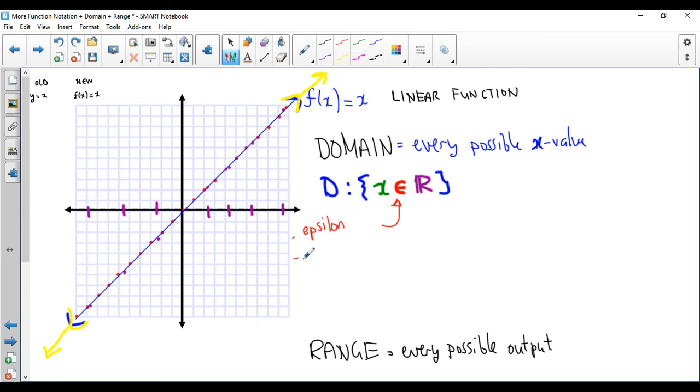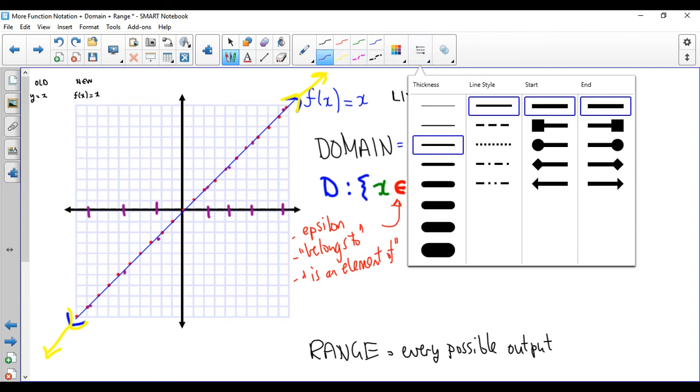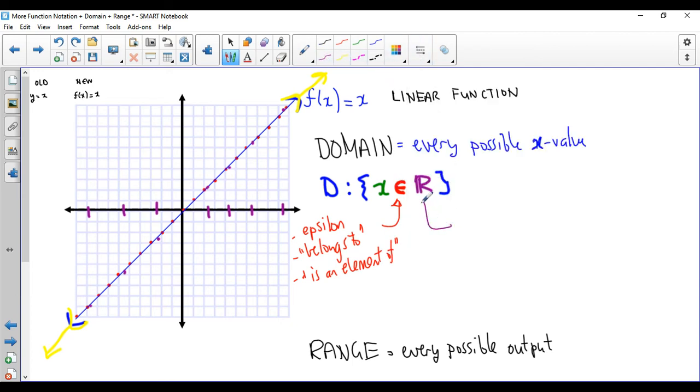It's a Greek letter, and it means belongs to, or is an element of. And then this R, well, we just talked about those set notations. R is literally all real numbers.